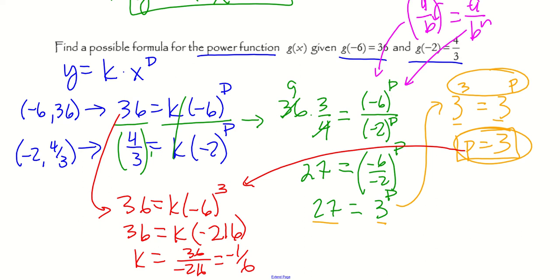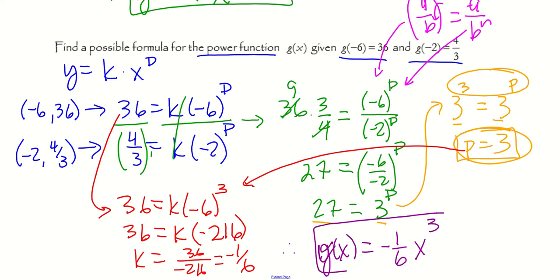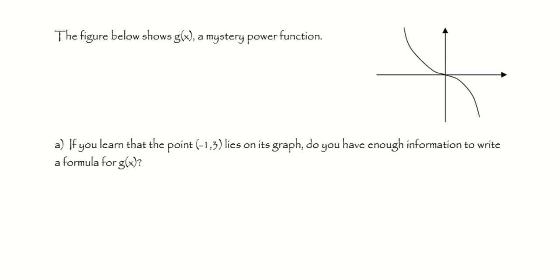Okay, so therefore my equation, g of x, will equal my k, which is negative 1/6, times x to my p, which is 3. Okay. So I'll bet you can do that. You guys are so smart, and I think you'll do well with that.